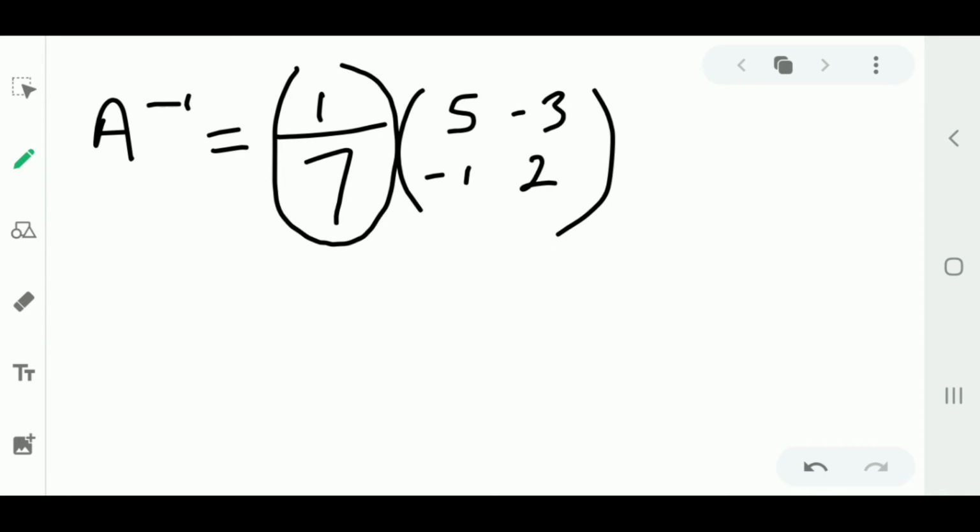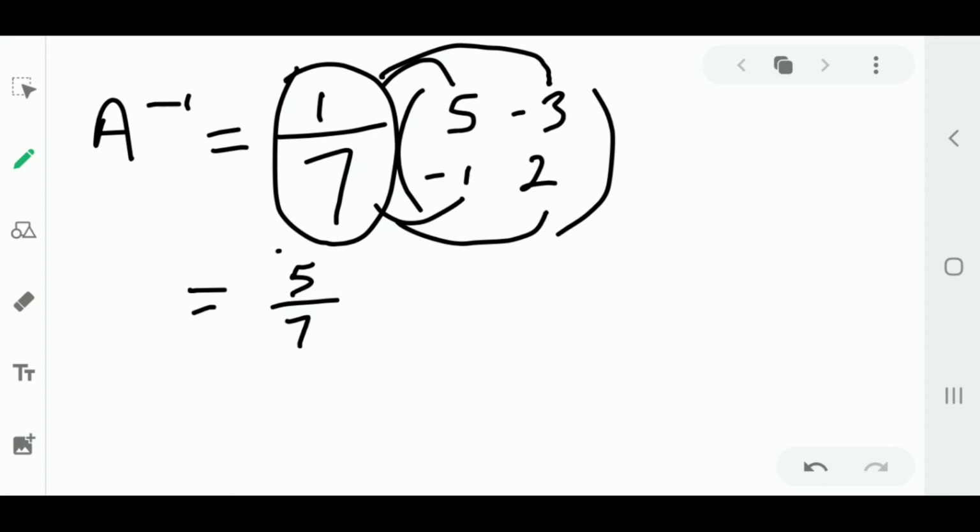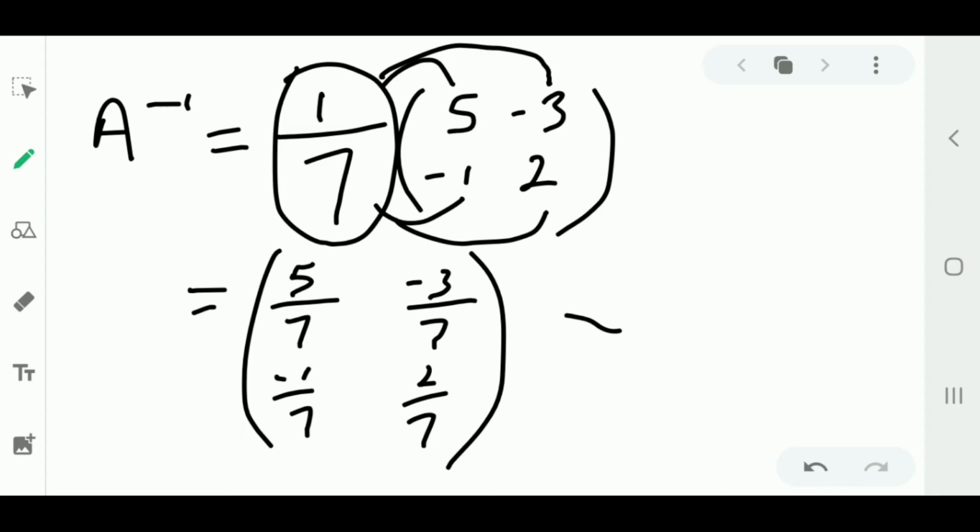This here can be multiplied by each term on the inside of the bracket. So we could simplify this and say 5 over 7, minus 1 over 7, minus 3 over 7, 2 over 7. Here we don't usually need to do this. We could have stopped here.